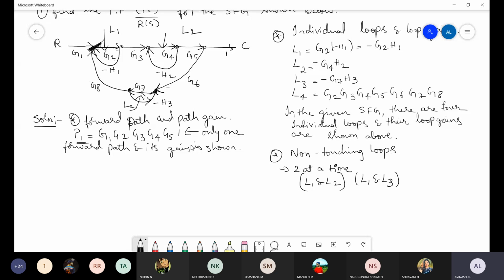Now we have to see L1 in comparison with all the loops: L1 with L2, L1 with L3, L1 with L4. We have checked. Now we will go to L2. L2 with L3 we need to check. Are they touching each other? No, sir. So that is also one pair, L2 and L3. That is the non-touching loop pairs: L1 and L2, L1 and L3, L2 and L3, correct?